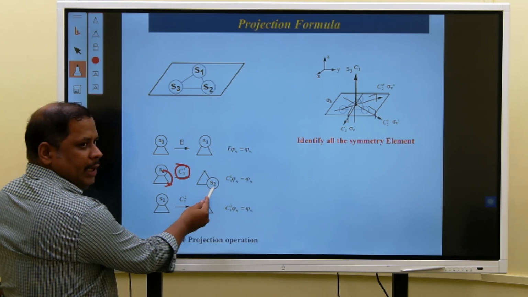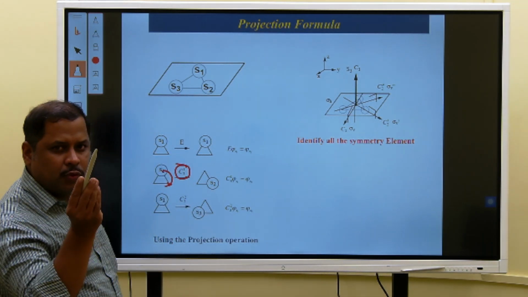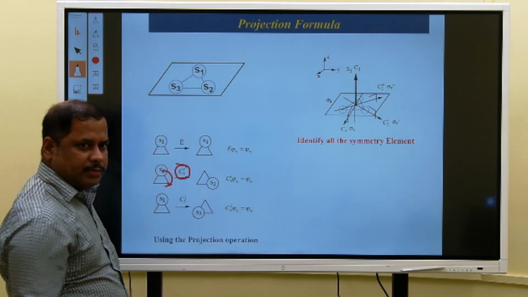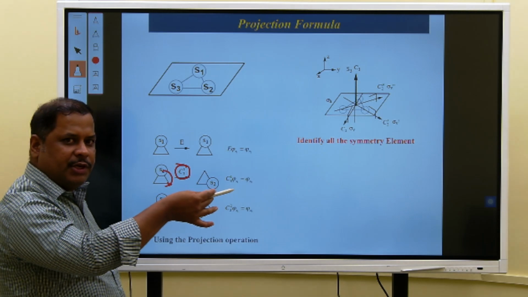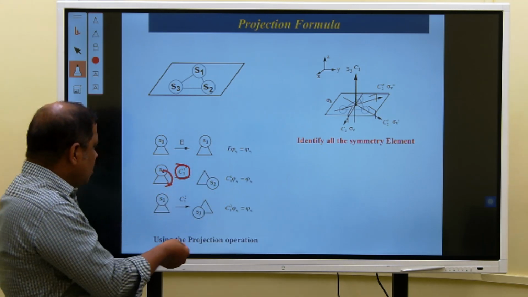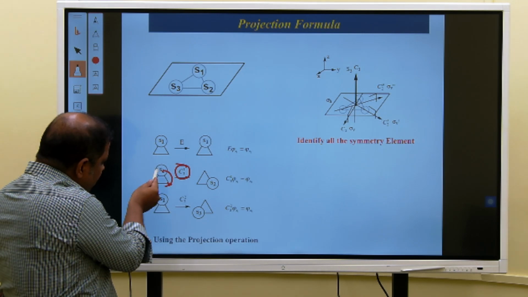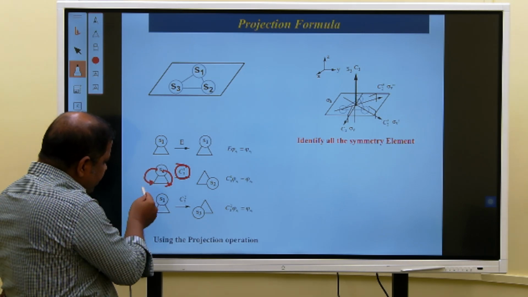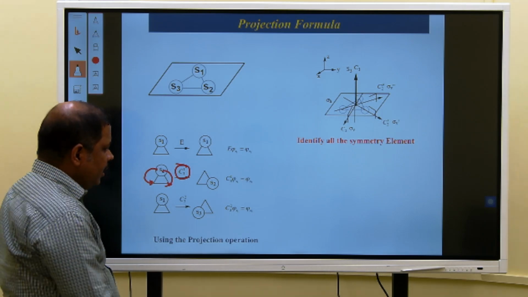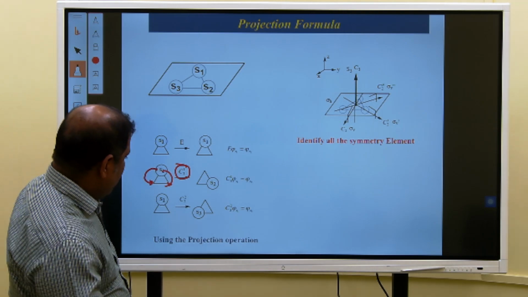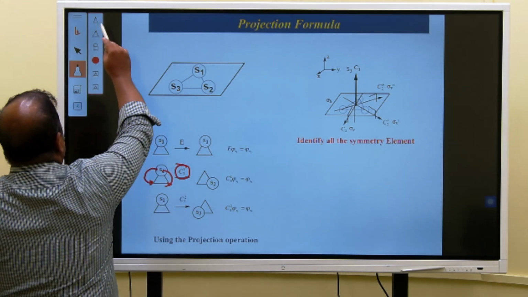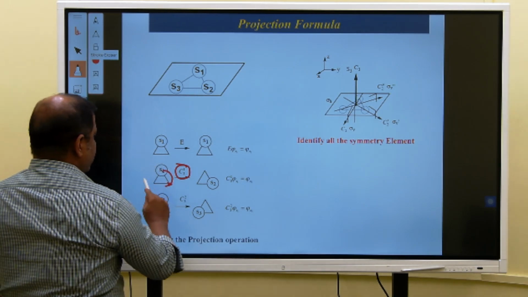So S1 will be S2 once you operate through C3. This is the clockwise rotation. Another C3, anti-clockwise: if you rotate by 120 in the anti-clockwise direction, now S1 will be S3. Right? Okay. Now let us go ahead and we will come to know why we are doing this.